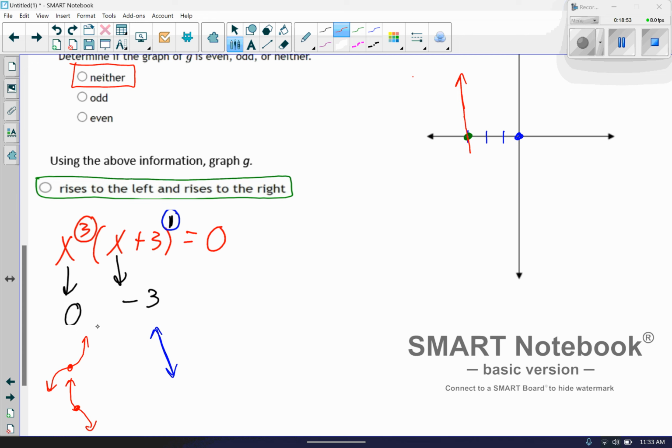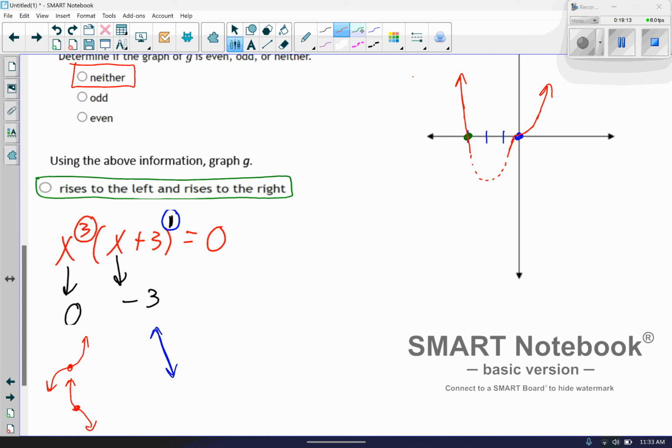And so at 0, I have that cubic shape. And so I'm going to rise to the right. It's going to come out of that cubic shape, almost like half of a parabola opening up, but then the other half is going to be coming down like this. Once again, this is just a rough sketch, and that's probably good enough for you to figure that out on your homework.